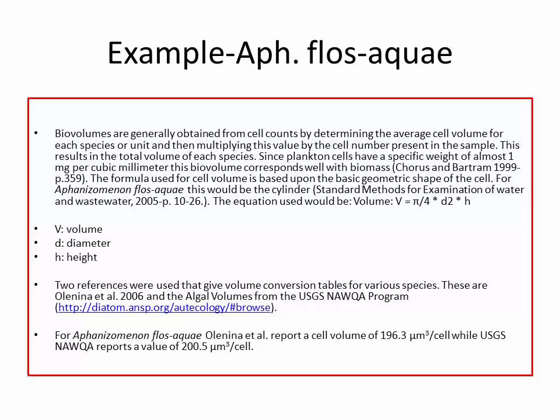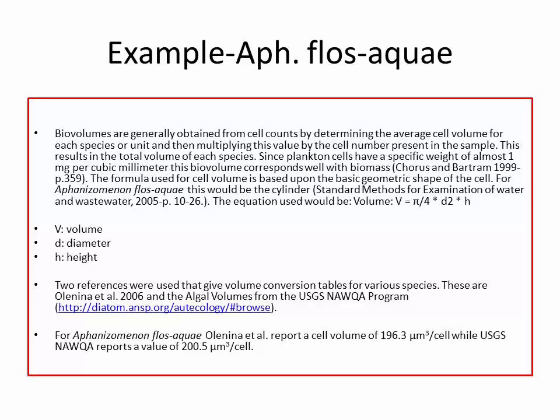So Aphanizomenon flos-aquae would be the cylinder, and that equation would be the equation for a cylinder. And you don't even have to do that because you go to the table, okay? So those two references were used to give the biovolume conversions, the Olenina and the NAWQA program in this case.